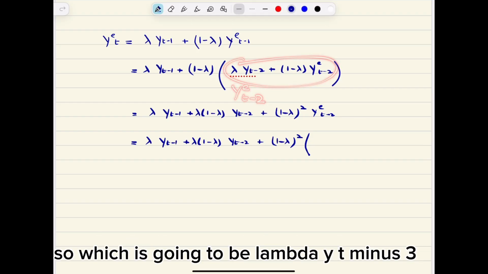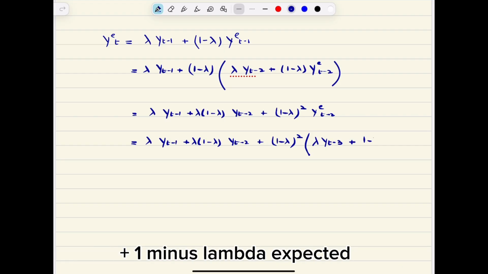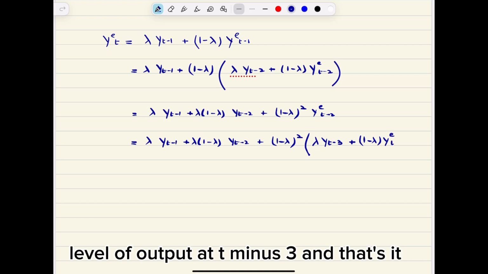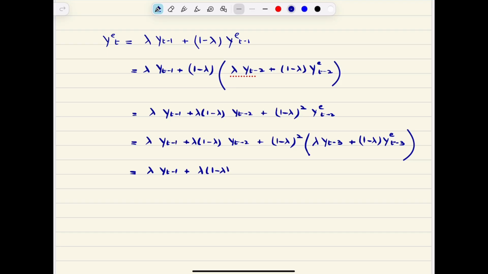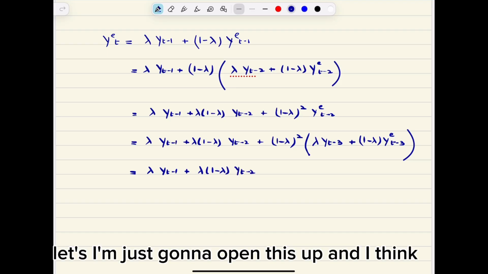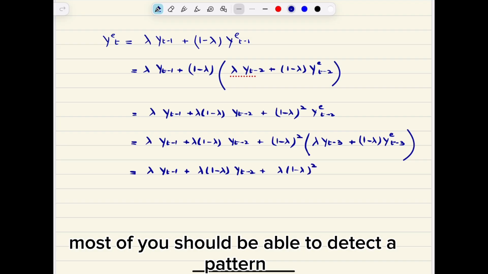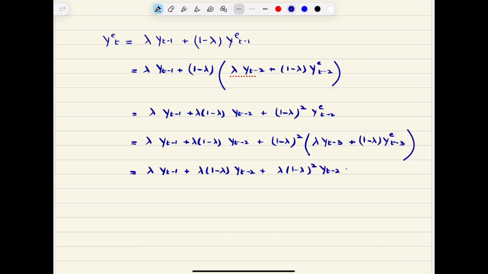Which is going to be lambda Y_{t-3} plus (1 minus lambda) times the expected level of output at t minus 3, and that's it. I think this much is enough because now we can see a pattern being made. So I'm just going to open this up, and I think most of you should be able to detect a pattern.